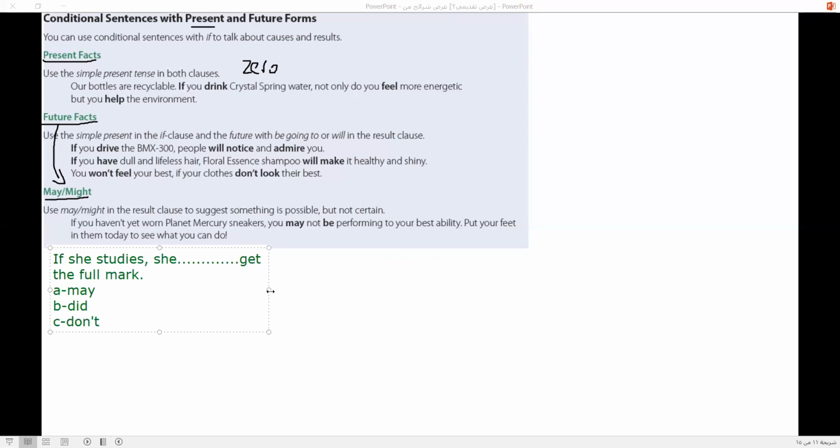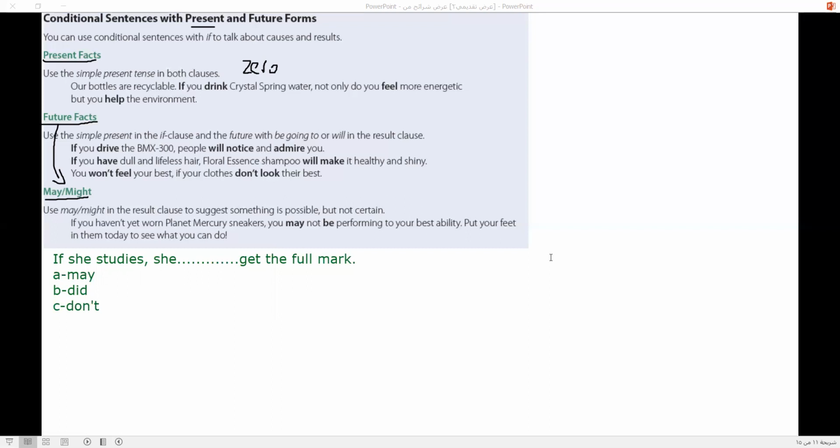What do you think? If she studies, she gets the full mark. May, did, or don't? What do you think? If she studies, she gets the full mark. Very good, Yaqeen. Very good, Ilaf and Raneem. Are you sure, Sumaya?